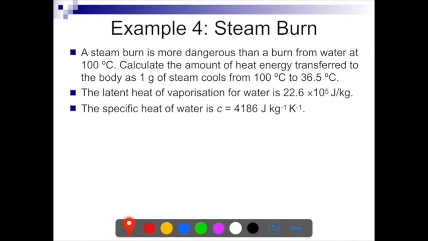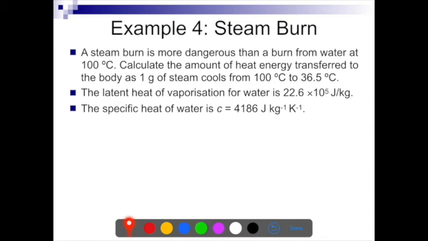And then we're given here the latent heat of vaporization for water, which is 22.6 times 10 to the 5 joules per kilogram, and the specific heat of water, which is 4,186 joules per kilogram per Kelvin.